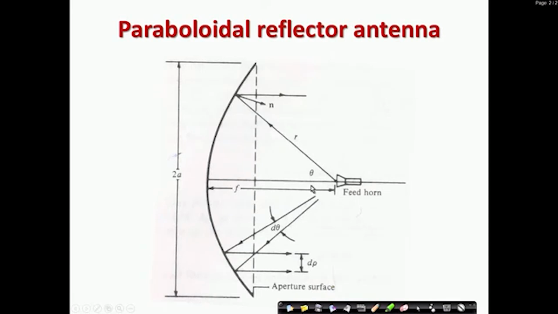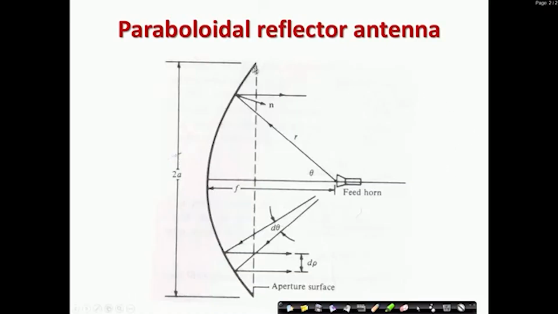Now here please understand this dashed line, that is called a plane, because if you think of a dish antenna, all of you have seen. If I take a plane from one edge to the other edge, that plane for the paraboloid will be a circular disc.